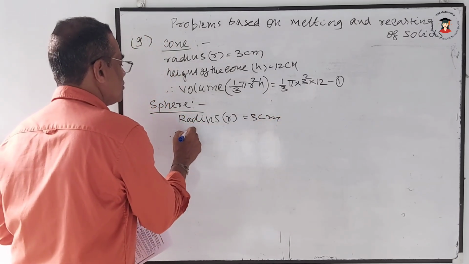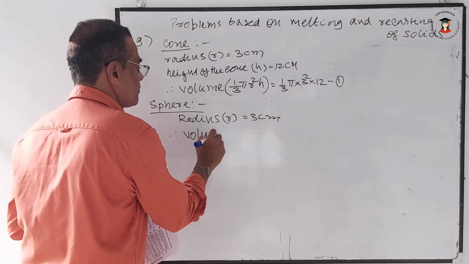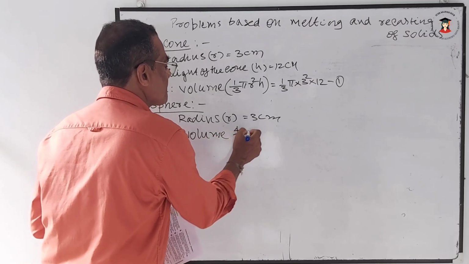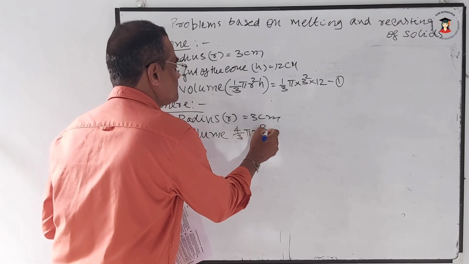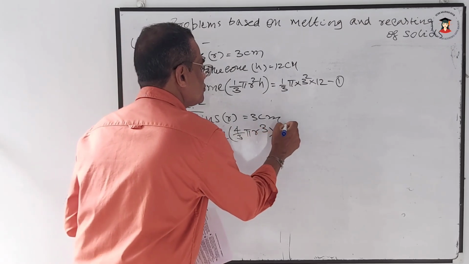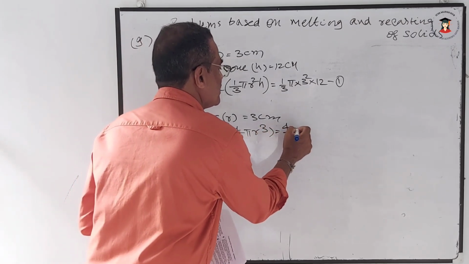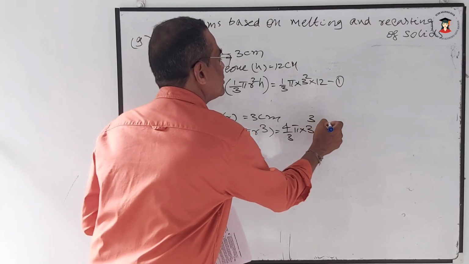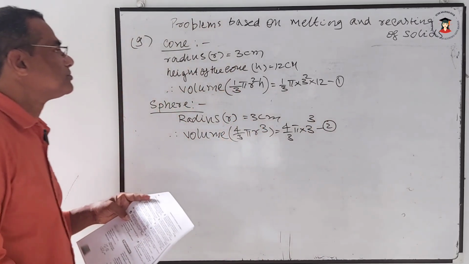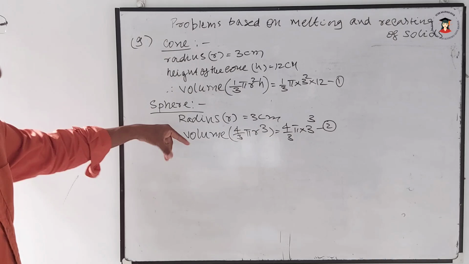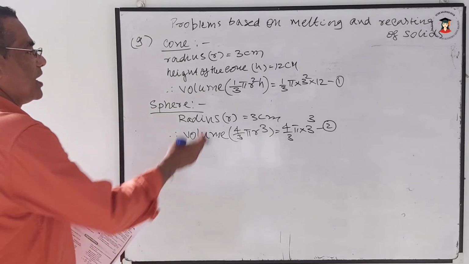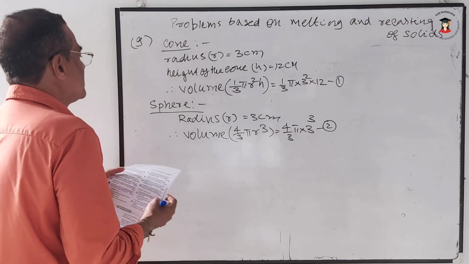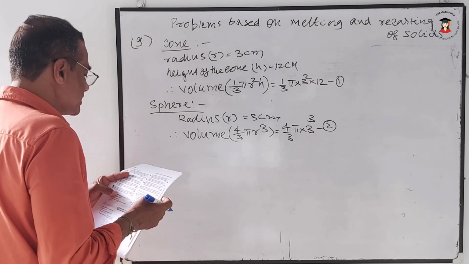Therefore, volume of sphere is 4/3 pi r cube, equal to 4/3 pi into 3 cube. This is, say, equation number 2. These two are melted. On adding these two, we will get the volume before melting. Then it is melted and recasted into a cylinder.